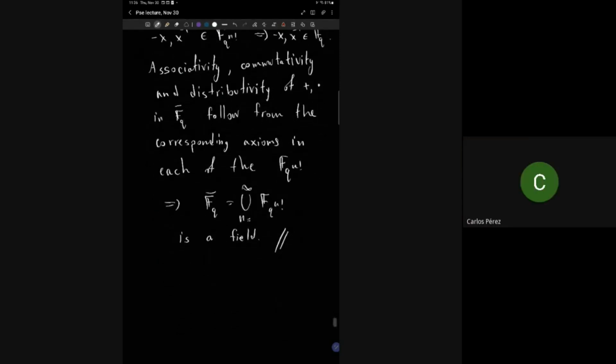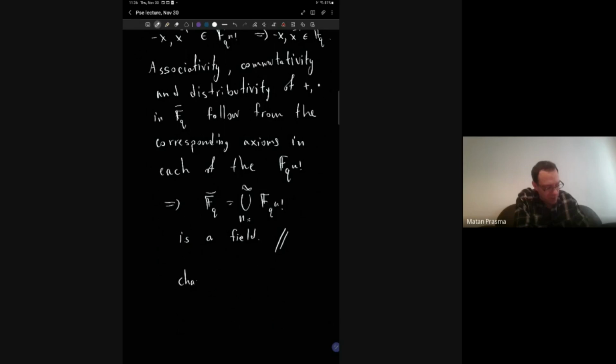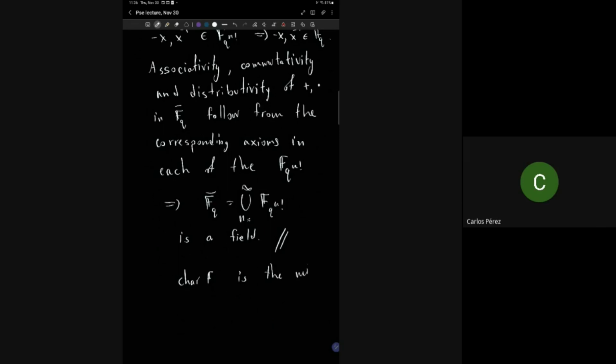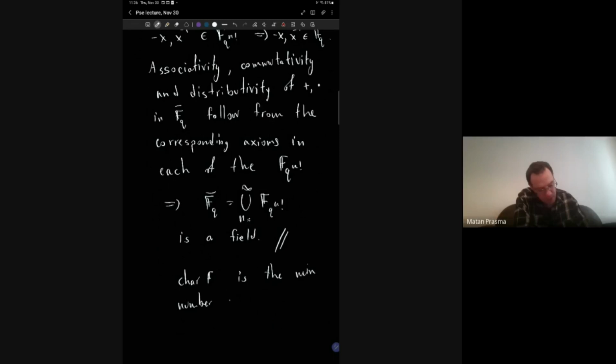Recall that the characteristic of F is the minimal number such that 1 plus 1 plus 1 and so on equals 0, if this minimal number exists. Of course, if it doesn't, then the characteristic is 0.